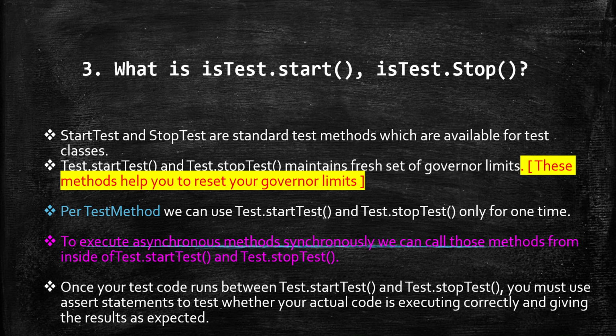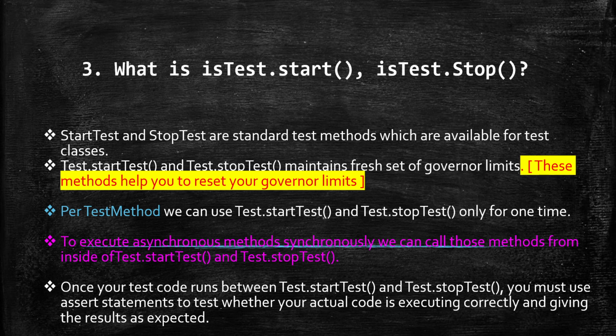So firstly the question arises: what are governor limits? In simple terms, Salesforce uses a single database to store the data of multiple clients and customers, and to ensure that no single client monopolizes the shared resources, Salesforce introduced the concept of governor limits, which are strictly enforced by the Apex runtime engine.